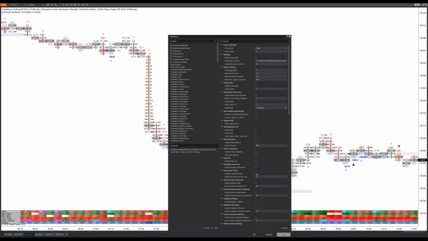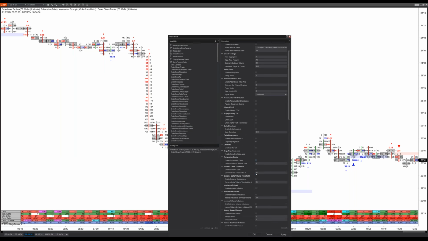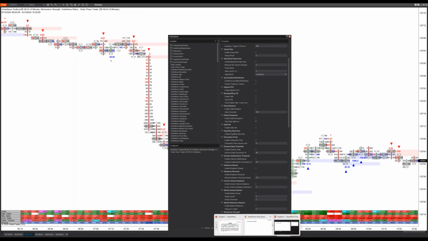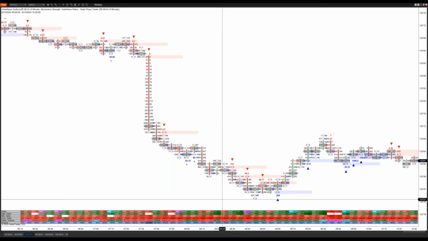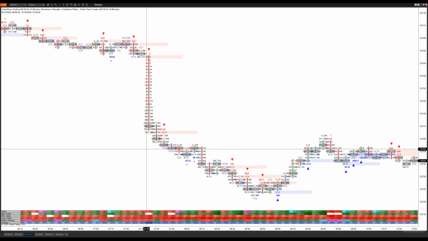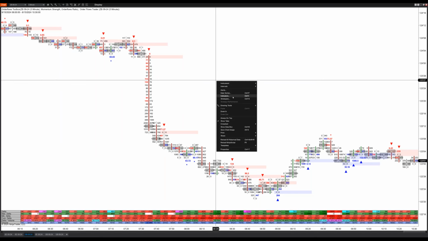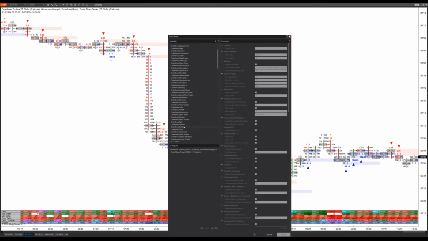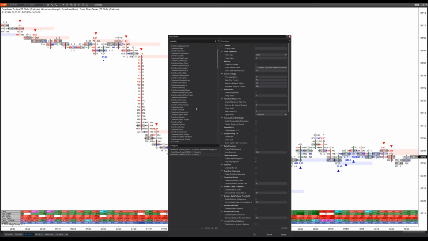Let's just change this one here because this one's exhaustion prints with ratios. Okay, now we're back here. That's what I hate sometimes about these license servers, they have hiccups. So you see here now I've changed this to momentum strength and just the ratios, sitting on the footprint chart. If you were to add another instance of this, getting back to Michael's question, say I want to now use something with a swing filter.